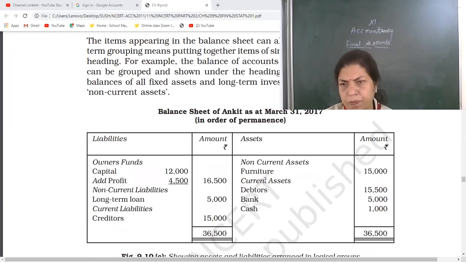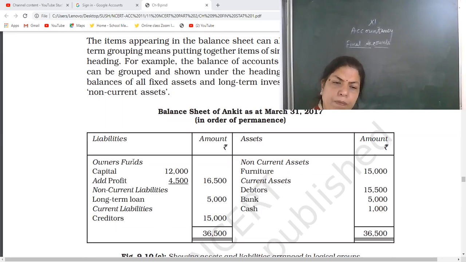Then what about intangible? You can see yesterday's video where I explained. Intangible assets are those which we cannot touch or see, like goodwill, patent, copyright. So these are the ways of grouping the assets.